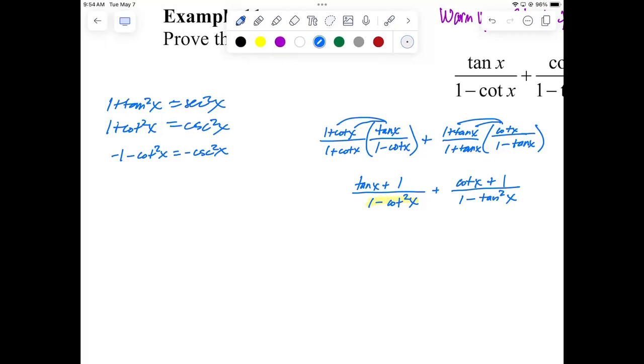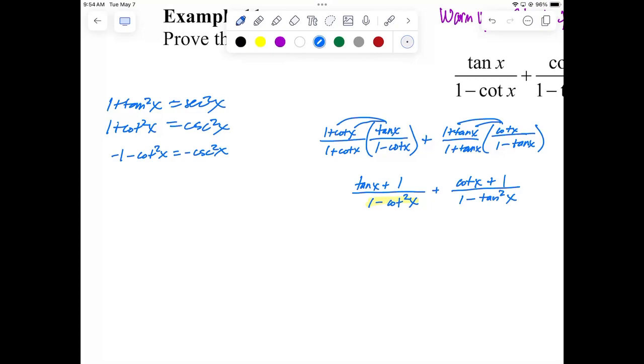It's 1 minus cotangent squared. Uh-oh. What about 1 minus tangent squared? Same exact thing. I can't replace it with a single trig function. What about the top? Tangent x plus 1, is that equal to secant? No, it's not squared, is it? So it doesn't work. Sorry, Ray.